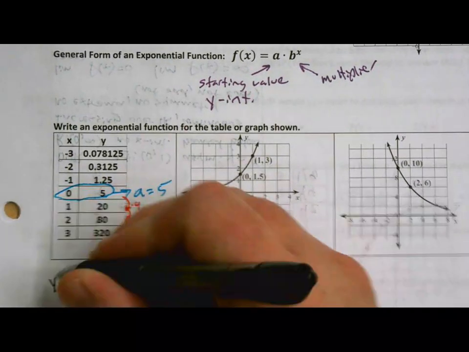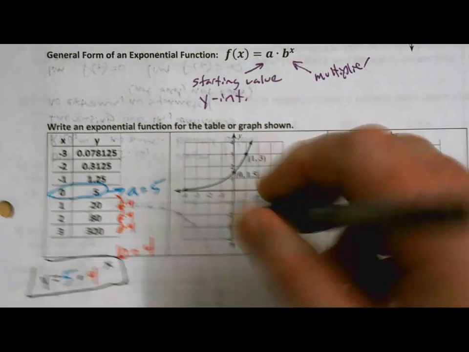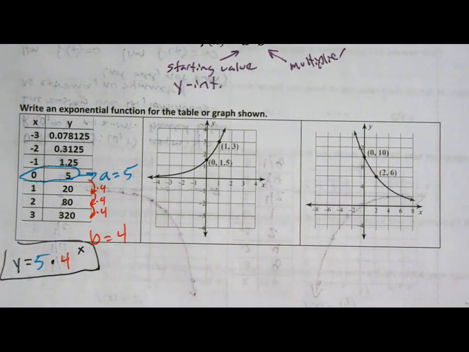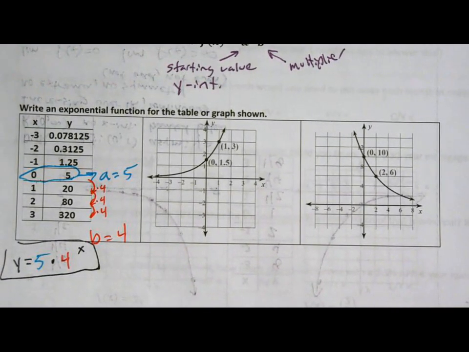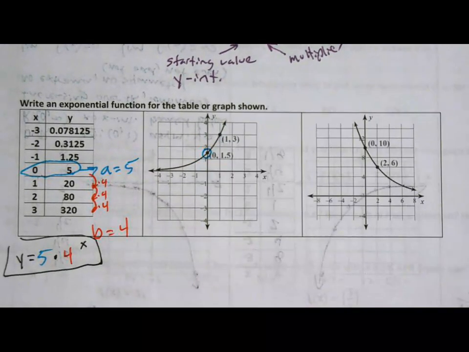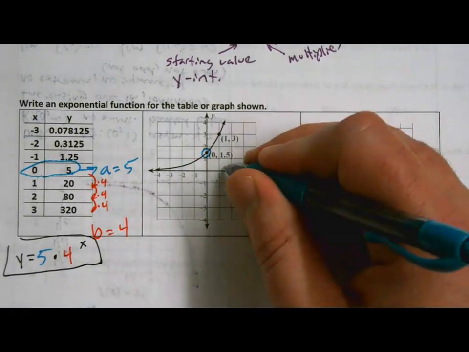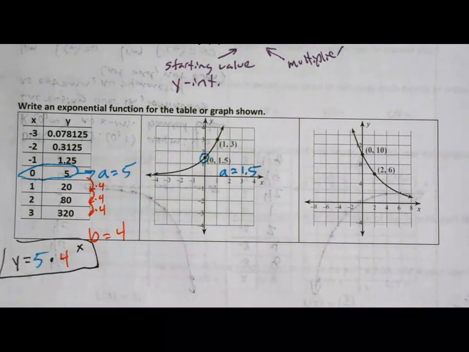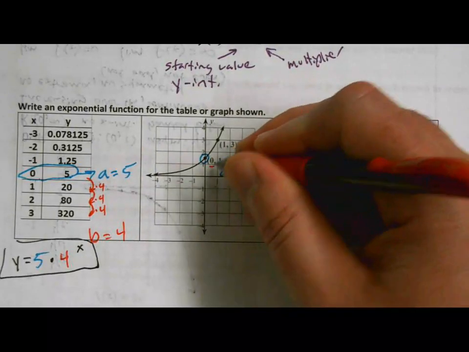Can you guys spot an a or a b value on this graph on the second problem? You spot the a value. What's the a value? 1.5. Yeah, it's our y-intercept. A is the y-intercept, so we know that a is 1.5. And when you look at the coordinates of the points, notice that the x value is increasing by 1.